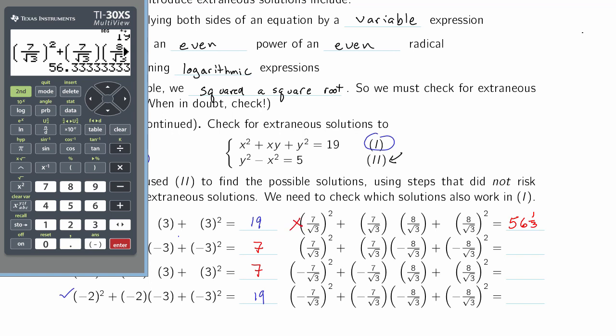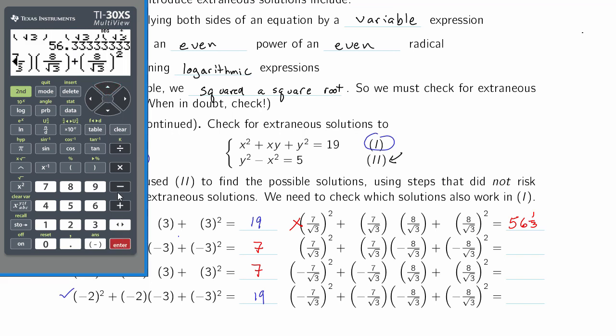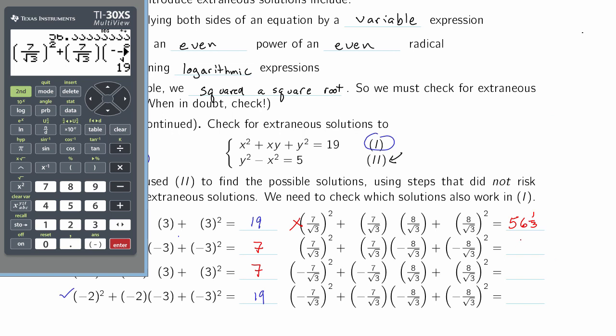That is not a solution. Okay, let's go back and make all of the 8 over root 3's negative, rather than type that whole thing in again. If we have a negative 8 over root 3 instead, that's a 19. That is a solution. So 7 over root 3, negative 8 over root 3 actually was a solution.